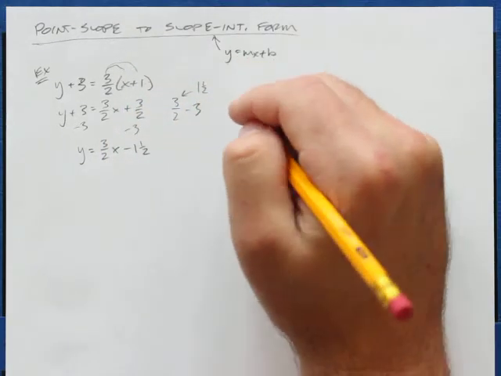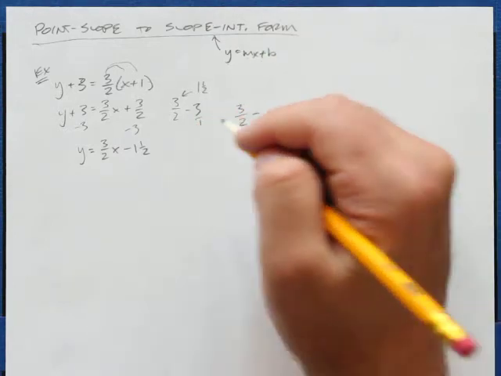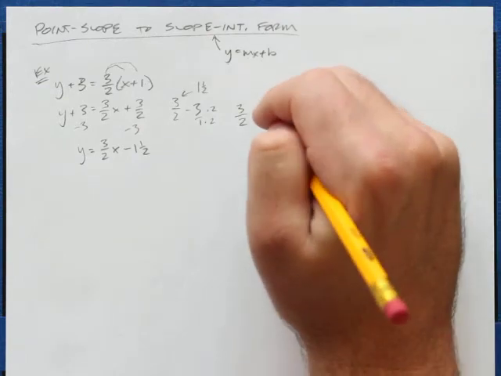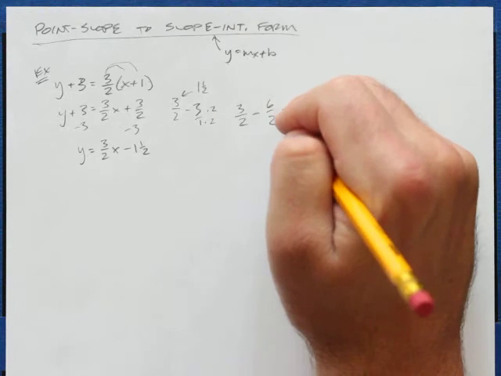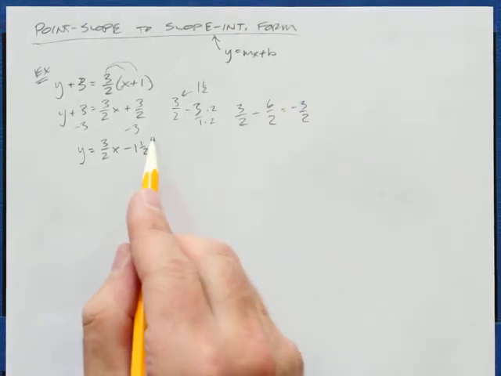If you want to find a common denominator, then you go 3 over 2 minus, so we need 2 to be in the denominator, so we multiply both the top and the bottom by 2, and we end up with 6 over 2. 3 over 2 minus 6 over 2 is negative 3 over 2, which is negative 1 and a half.